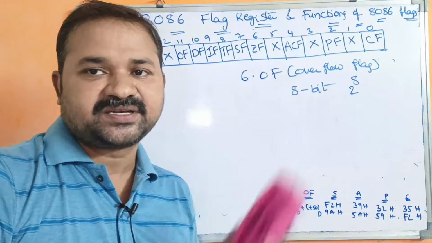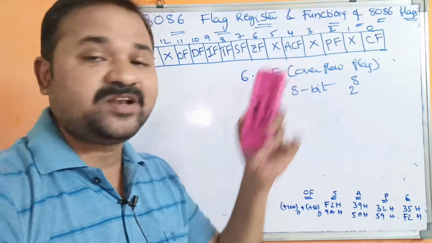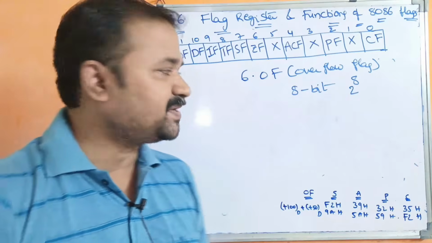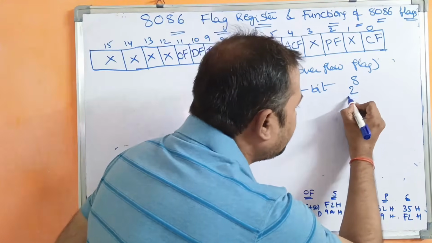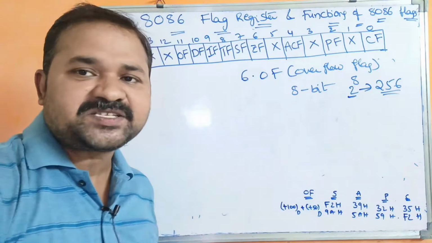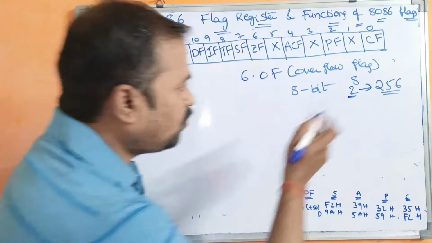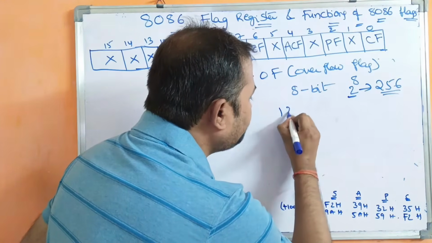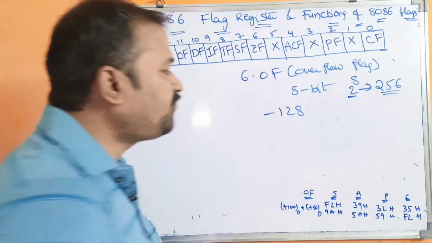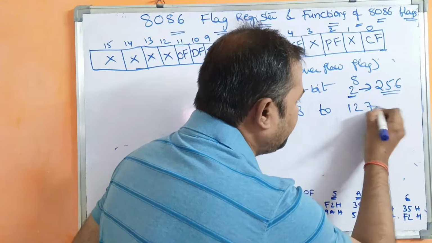Let's say we are performing operations on signed numbers. The overflow flag will be generated mainly while performing operations on signed numbers. So 2 power 8 means 256. Signed numbers means we can store both positive and negative numbers. So out of 256, the first 128 are negative numbers. So we can store from minus 128 to plus 127.